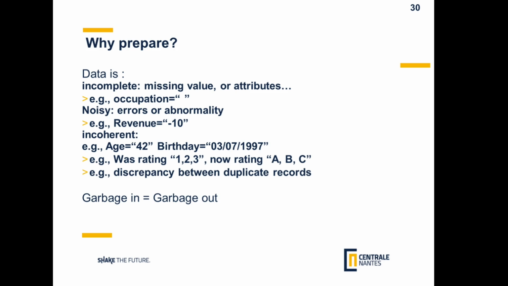Do you choose to use them by replacing the missing information by a random information, by a mean information, by an entry saying information unknown? This is a decision that the data miner has to make. And depending on how you manage this incomplete data, the result that you will obtain might be different. So it's really an important stage that should be done by someone who knows the data.